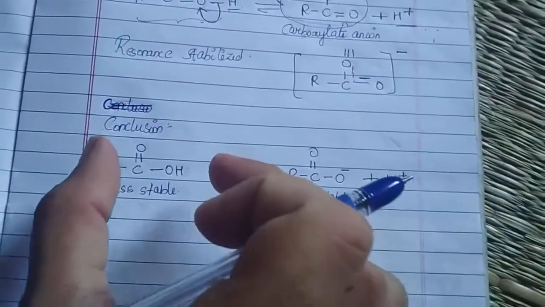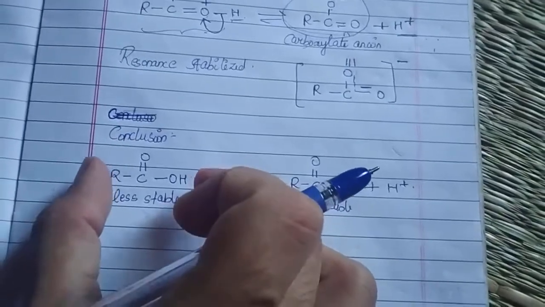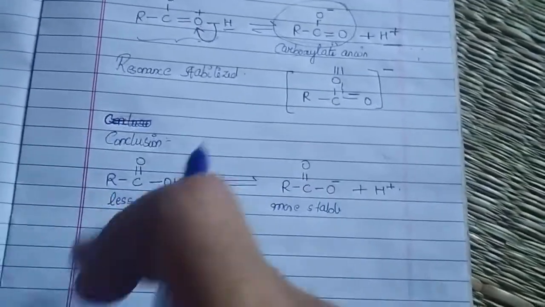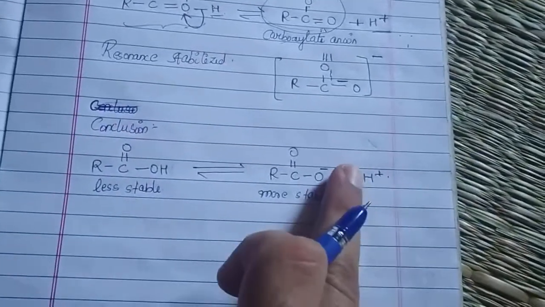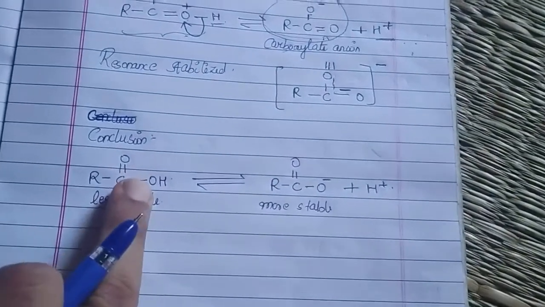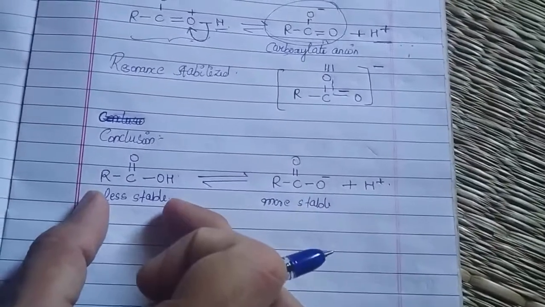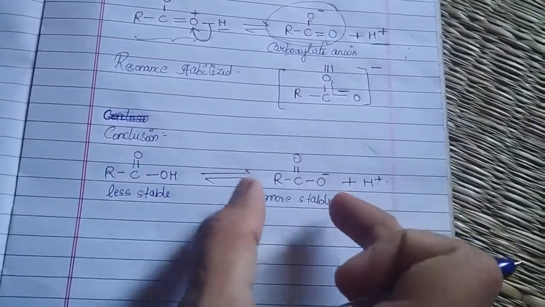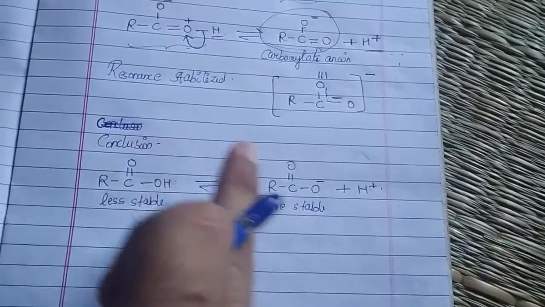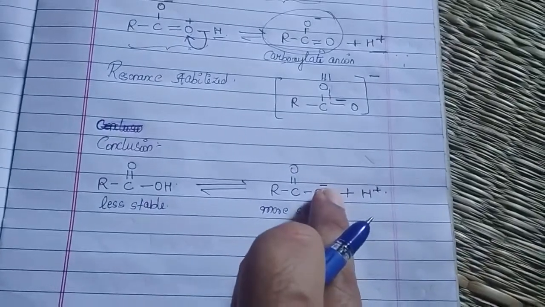What is that? Always a molecule or a compound will try to rearrange itself to attain the most stable state. So in the given reaction, we are observing that the carboxylic acid group is less stable. So it can attain the major stability when it gets converted to the carboxylate anion.